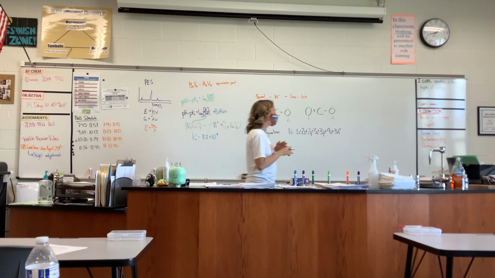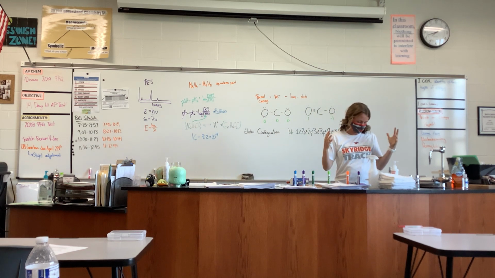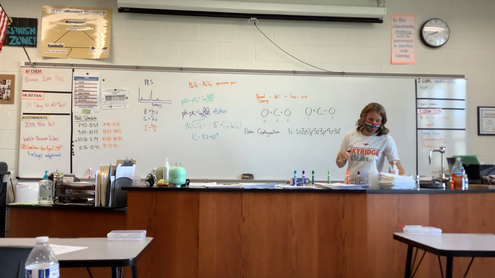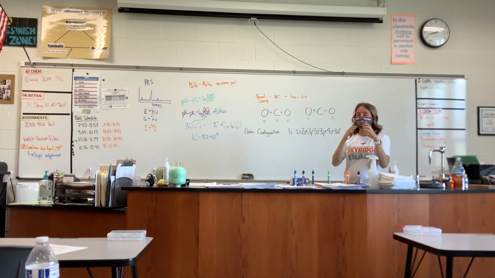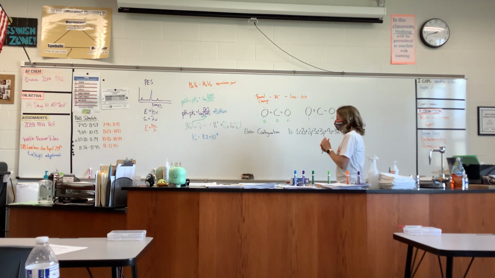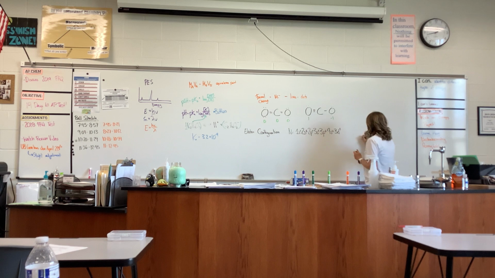One of the rules of orbital filling is that they fill from lowest energy to highest energy. Energy is different than distance. These are hard to visualize because those are not what atoms look like. When you have your nucleus here, you have the 1 energy orbital, the 2 energy orbital, the 3 energy orbital.